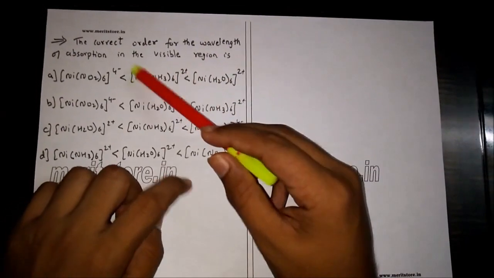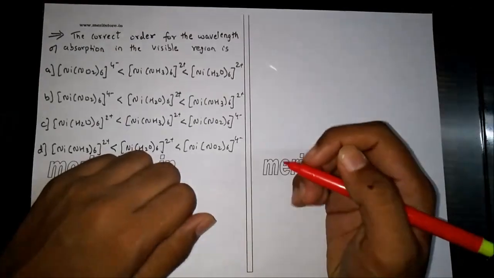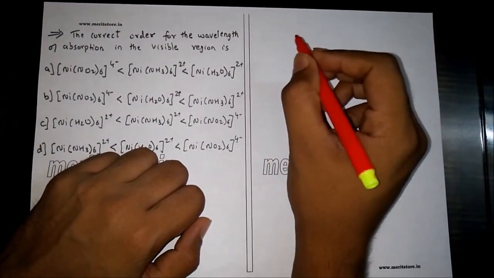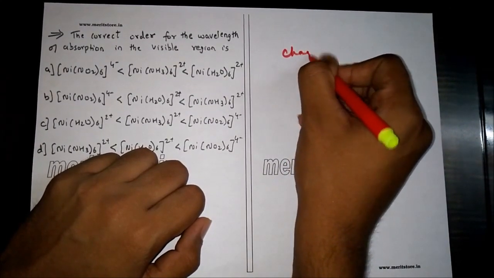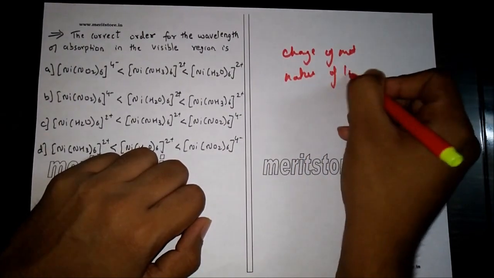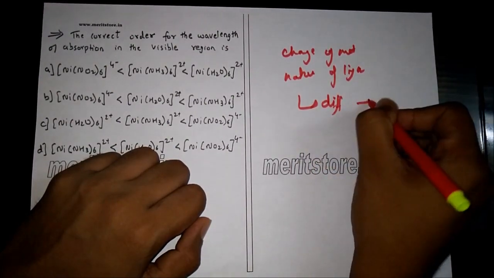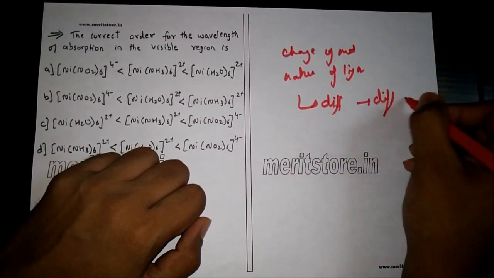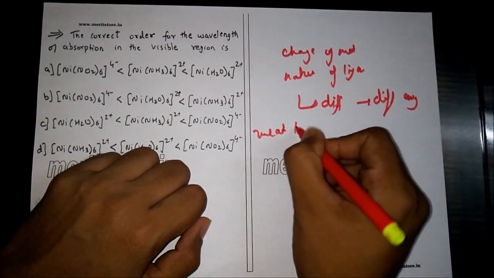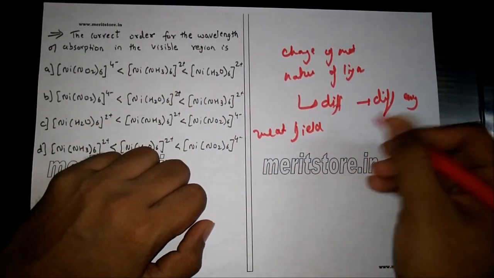The correct order for the wavelength of absorption in the visible region is, here are the different options. Now let's look at the logical solution. The absorption of energy, or the observation of color in a complex transition compound, depends on the charge of the metal ion and the nature of the ligands attached. The same metal ion with different ligands shows different absorption energy depending upon the type of ligand. The presence of weak field ligands makes the central metal ion absorb low energies, that is, of higher wavelength.